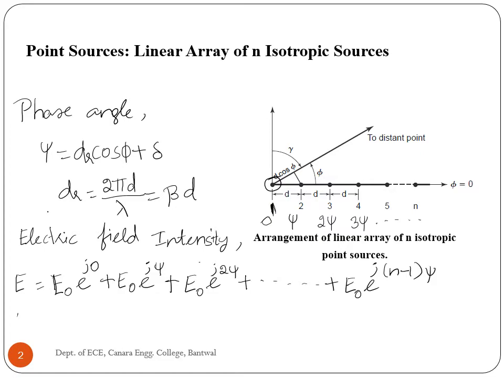We have considered the linear array of n isotropic sources having the same amplitude, that is E naught, and with different phase angles. So we can write the above equation as E naught, which we can keep outside, times 1 plus e to power j xi plus e to power j 2 xi plus until the n-th source, e to power j n minus 1 xi.